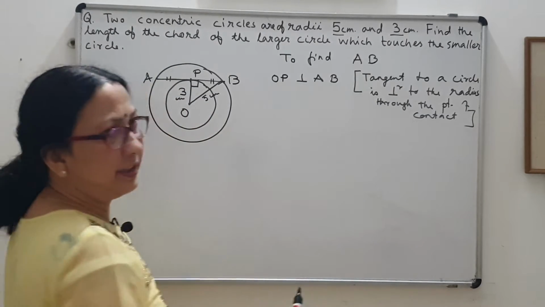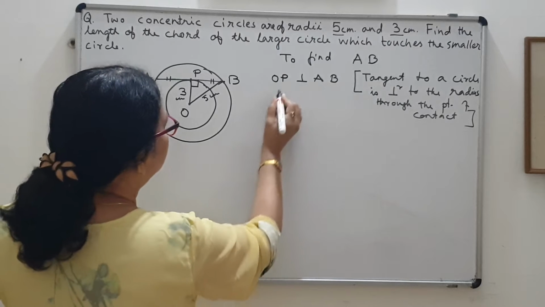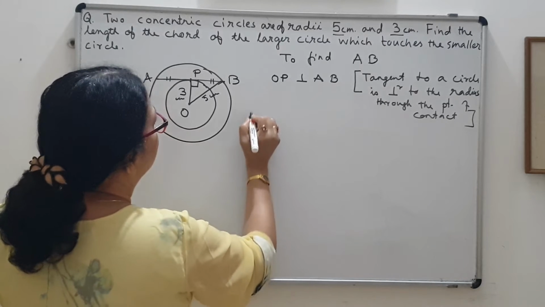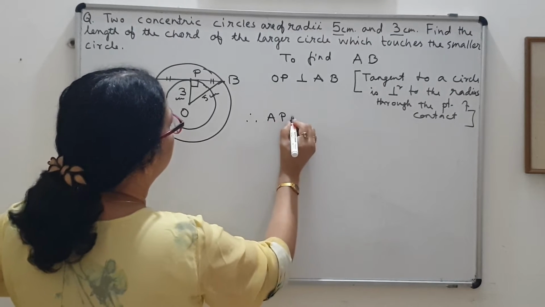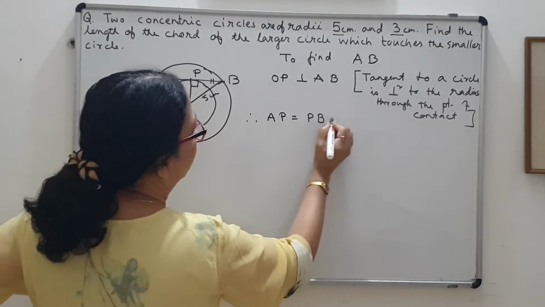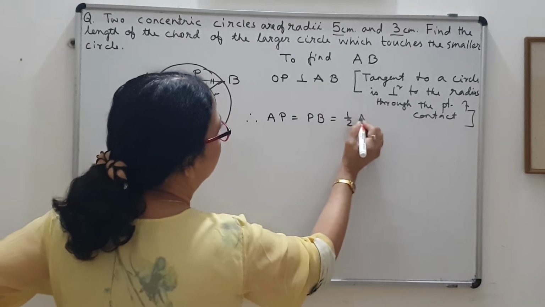After that we will be using the other theorem. Therefore AP is equal to PB is equal to half of AB.